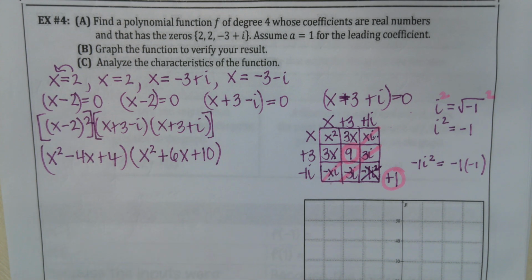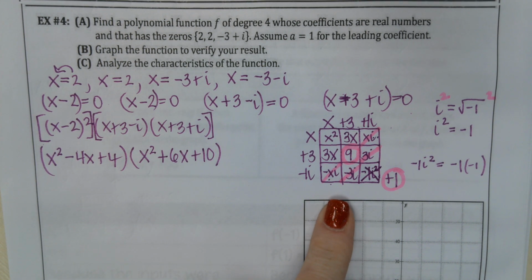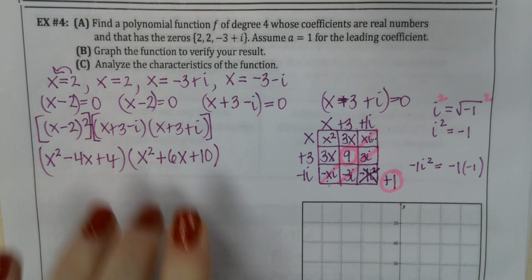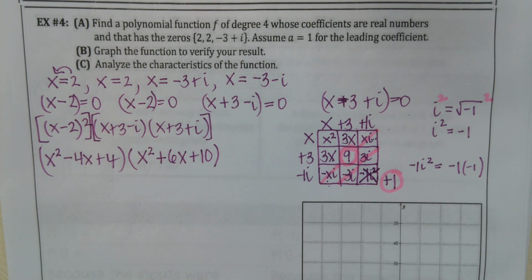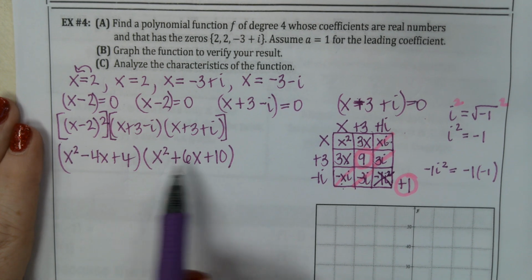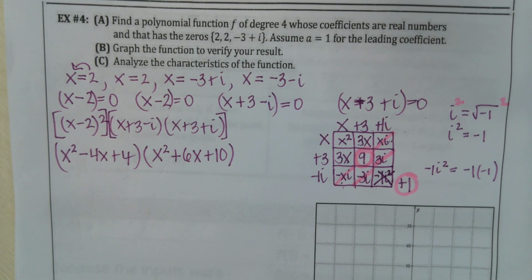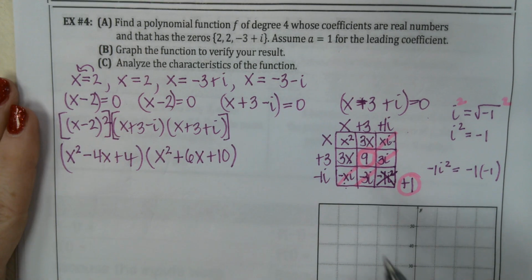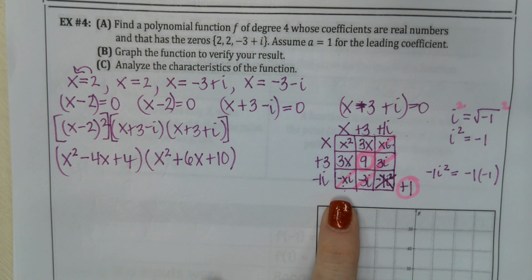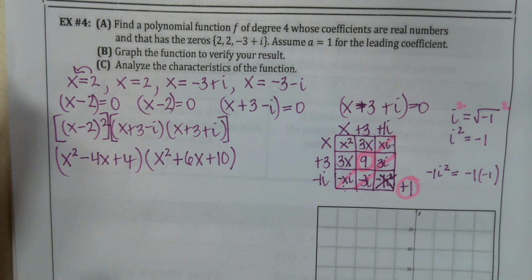It takes a minute to get there, but we want to work our way through that so that we get rid of the ugly i's. Notice my imaginary stuff is gone. Now I want to multiply these two together because I want to create one polynomial. How many of you like this box, or how many of you would rather I just distribute? I'll do it both ways because I got people shaking their heads at me.